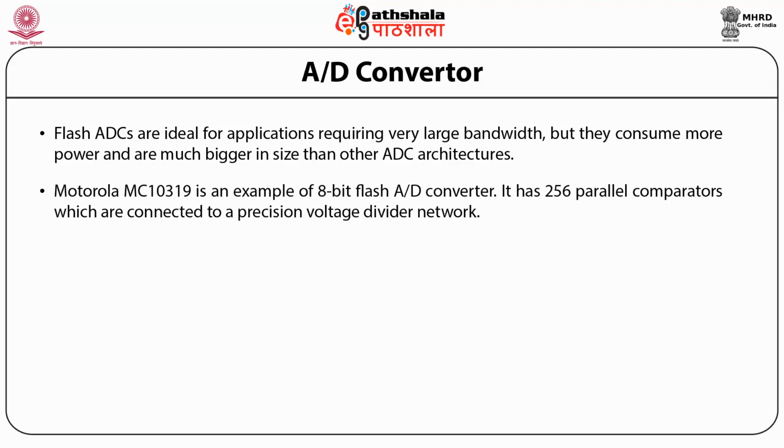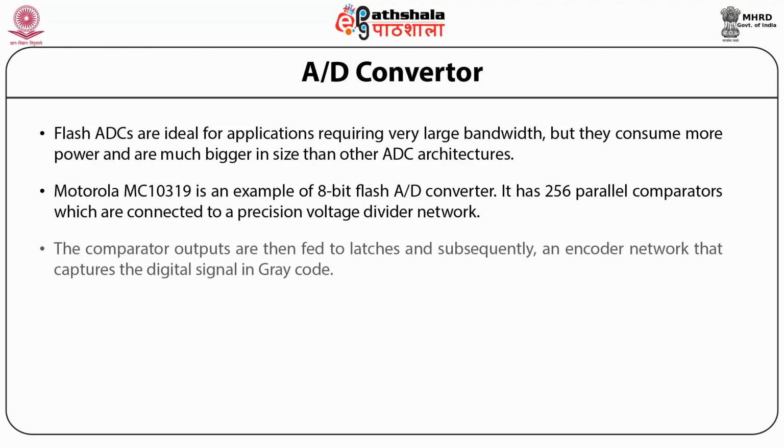It has 256 parallel comparators which are connected to a precision voltage divider network. The comparator outputs are then fed to latches and subsequently an encoder network that captures the digital signal in gray code.